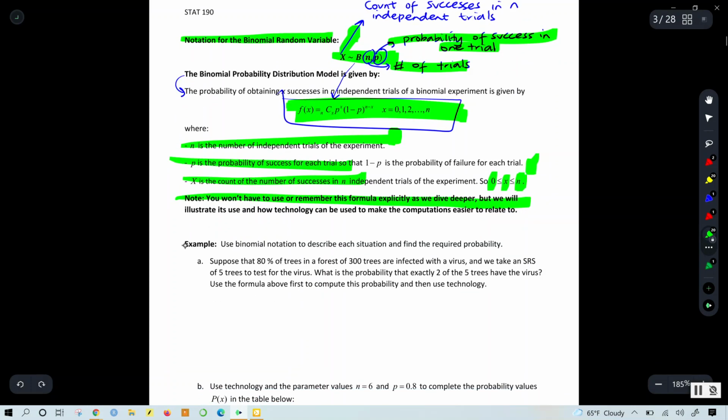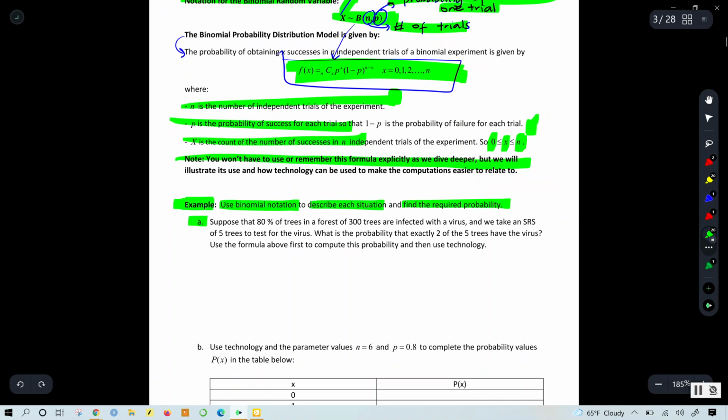To illustrate this, let's take the first example, where we're going to use the binomial distribution to describe each situation and find the required probability. Suppose 80% of trees in a forest of 300 trees are infected with a virus, and we take a simple random sample of 5 trees to test for the virus.